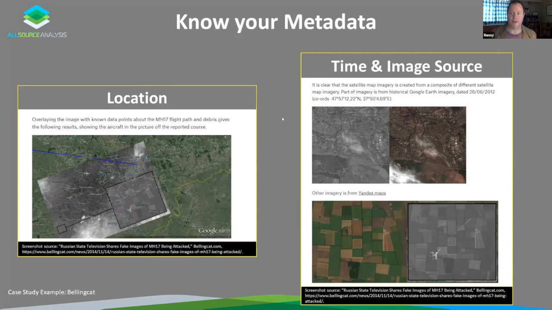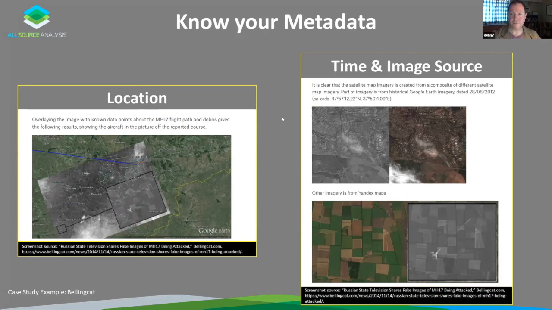Yandex Maps is the name of that. So just by looking at location, timing, and different freely available image sources, Bellingcat was able to put together more examples of how this was not consistent.